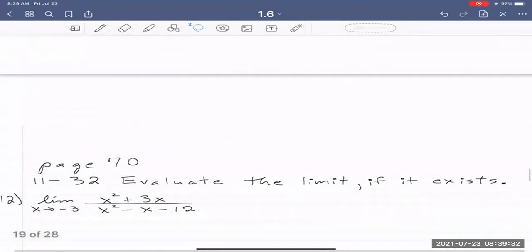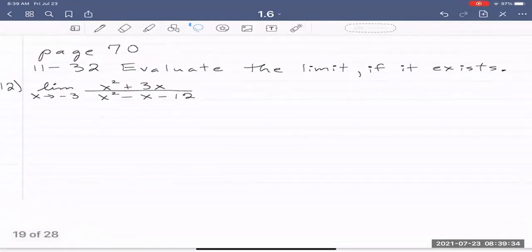Okay, so let's do some examples. On page 70, problems 11 through 32, evaluate the limit if it exists.